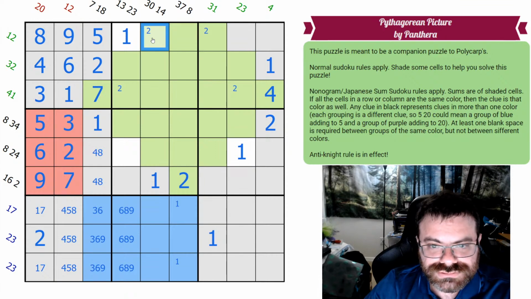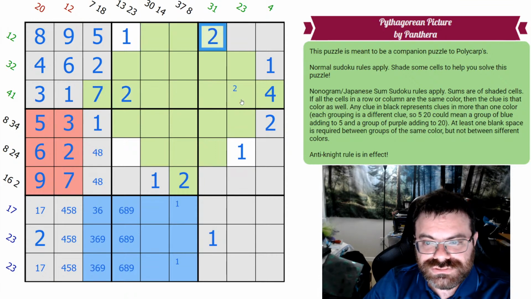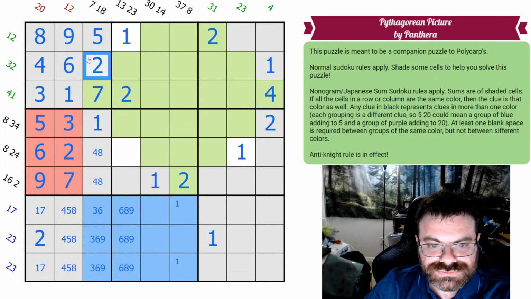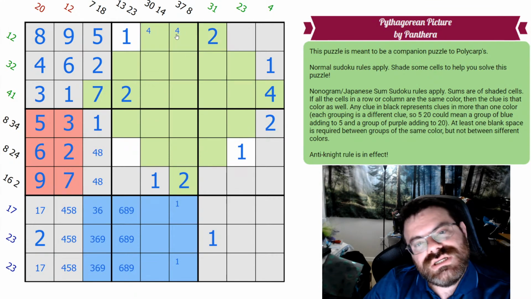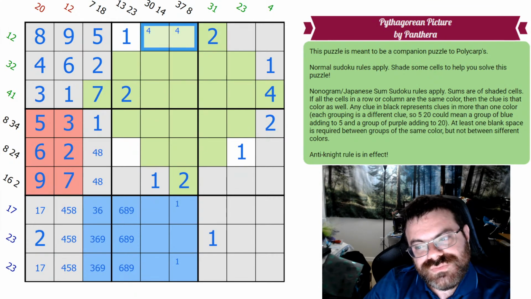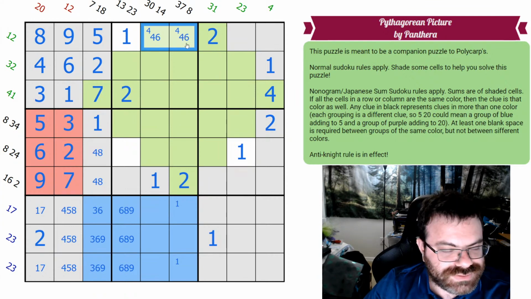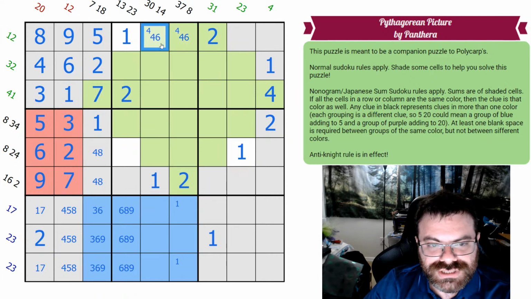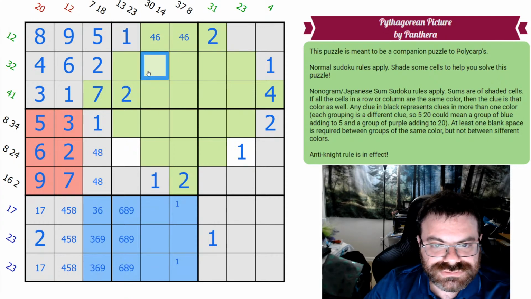Gotcha. So we got those 2s. I miss knight's moves all the time. So this has a 4 in it. So we already have 6. We need 6 more. So we were either 2, 4, 6, or, if we took the 1, we'd need a 5, so now we can't do it. So that is 4, 6, and this is gray.